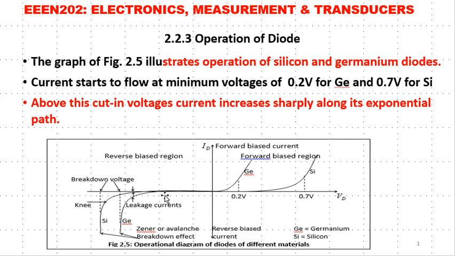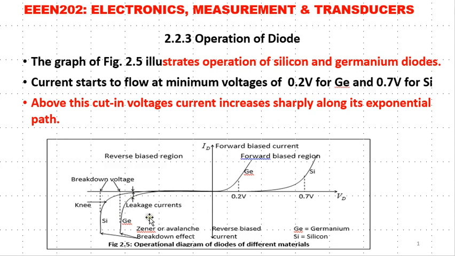When I reverse bias it, these minority carriers will cross the junction, and as a result, a very small amount of current will start flowing. When that current flows, we call it the reverse saturation current.